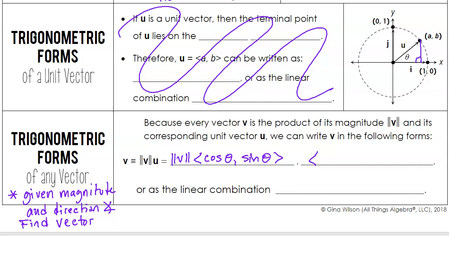So to find the vector in component form, all you have to do is multiply the magnitude times cosine theta. That gives you the x value. And then to get the y value, you multiply the magnitude times sine theta.